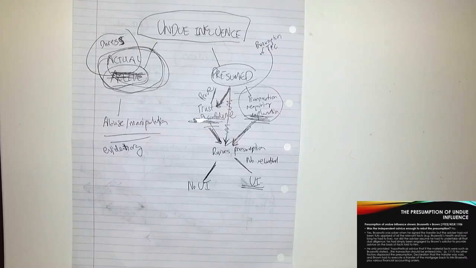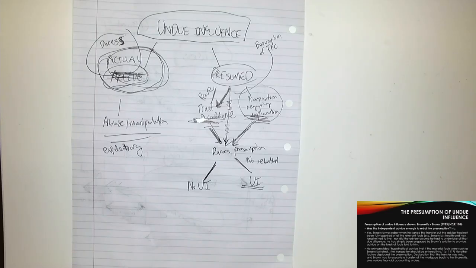So this case illustrates the trust and confidence requirement. It illustrates the transaction requiring an explanation requirement. And it also illustrates how rebuttal can happen and sometimes how it's not going to happen effectively. Because the independent advice that is given must be comprehensive enough to show that when that person entered into the contract, they were told everything they needed to be told.